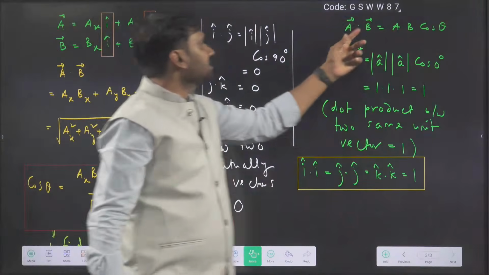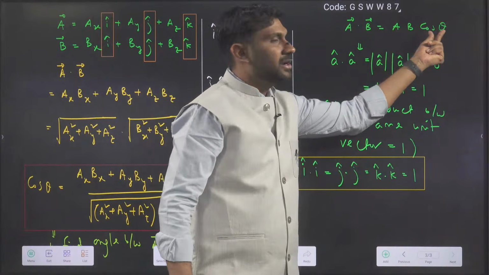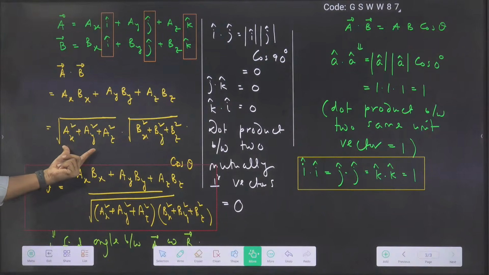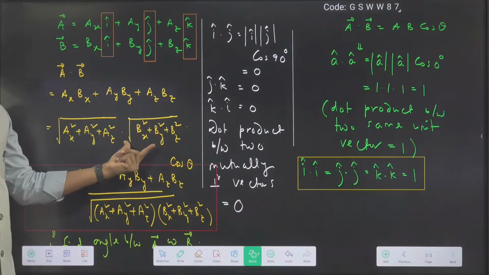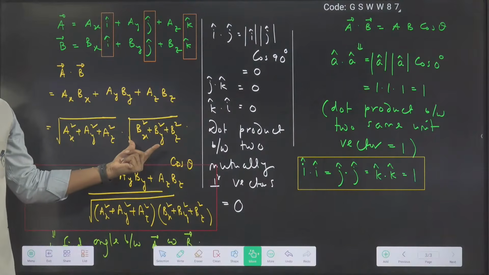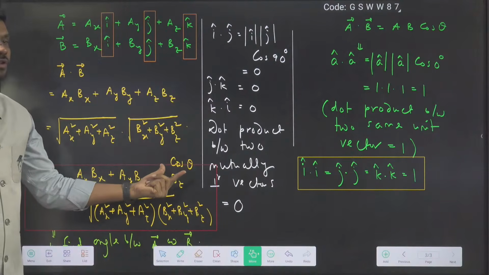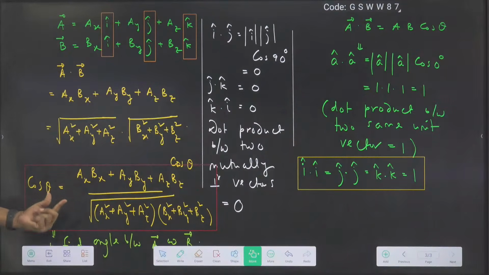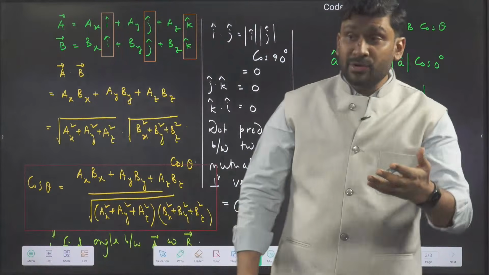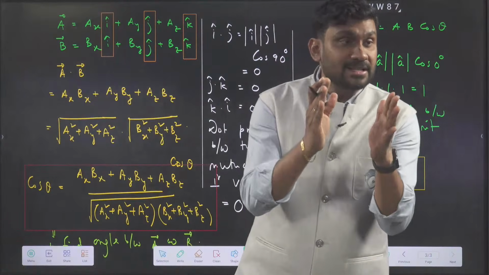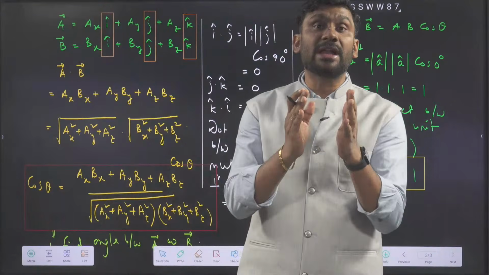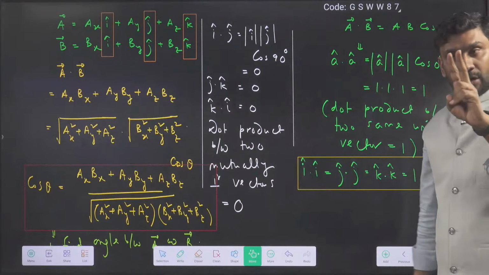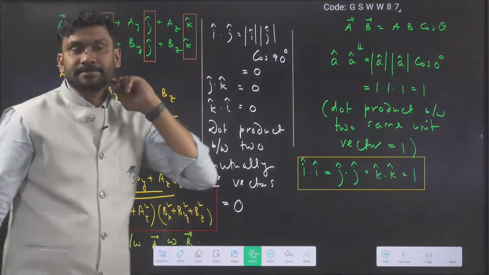Now A dot B is equal to magnitude of A, magnitude of B into cos theta. Magnitude of A is under root of AX square plus AY square plus AZ square, magnitude of B is under root of BX square plus BY square plus BZ square, into cos theta. So this is the left hand side, this is the right hand side. From both I can calculate the value of cos theta. This equation helps because if two vectors are provided, it will help me calculate the angle between the two vectors. Fair enough? We will work out 2-3 examples, you will get perfect clarity.